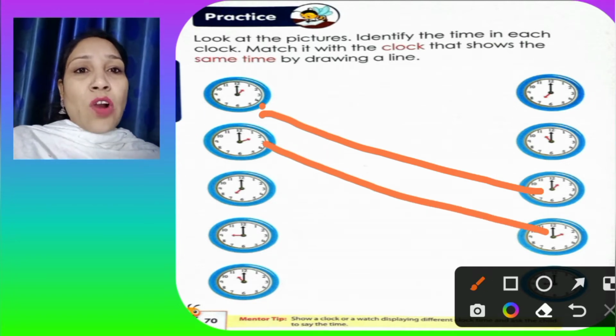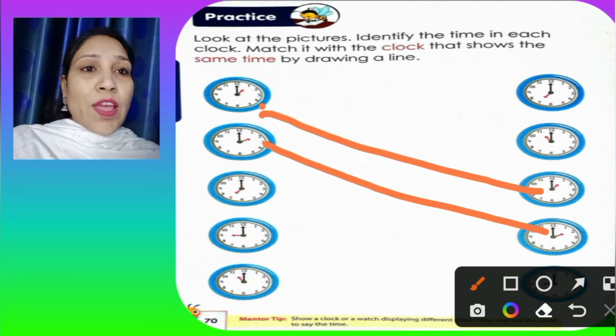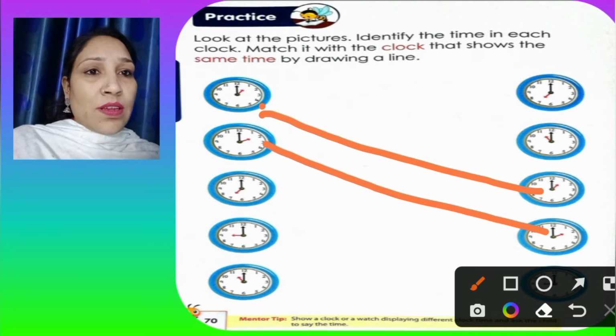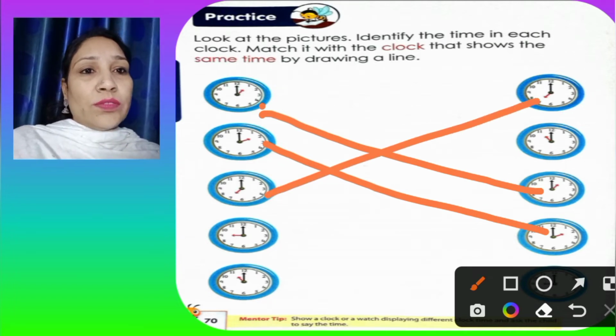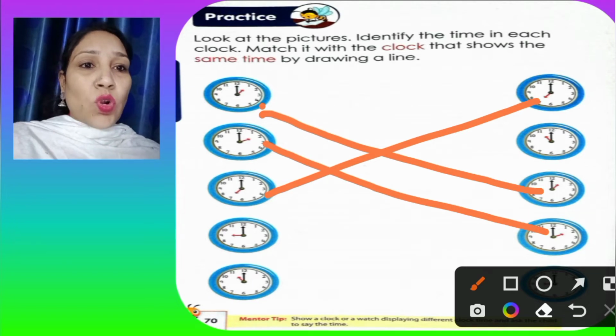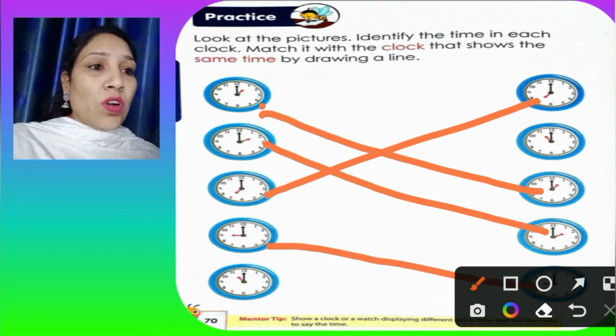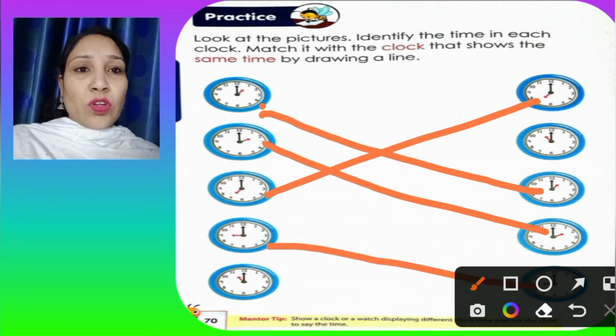Okay. Now at number 3, the clock is telling us the time 7 o'clock. We will match it with 7 o'clock. In the next one, the clock is telling us the time 9 o'clock. And here 9 o'clock. We will match it with this clock. Okay.